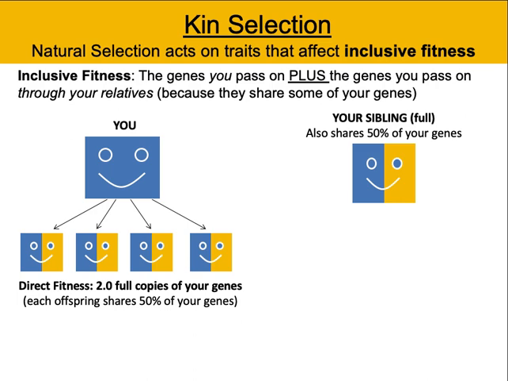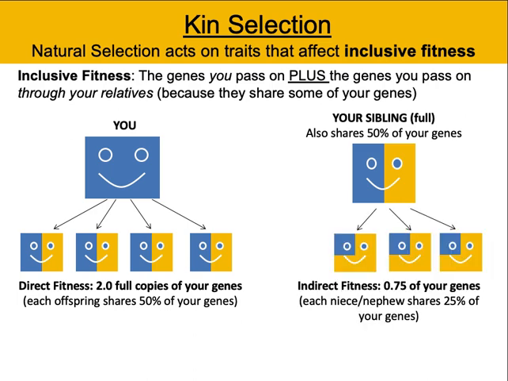Imagine if that brother or sister had kids of their own, and you had 3 nieces or nephews. Because each of those nieces and nephews gets half of their genes from mom and half of their genes from dad, each individual niece or nephew has 0.25 of your genes.